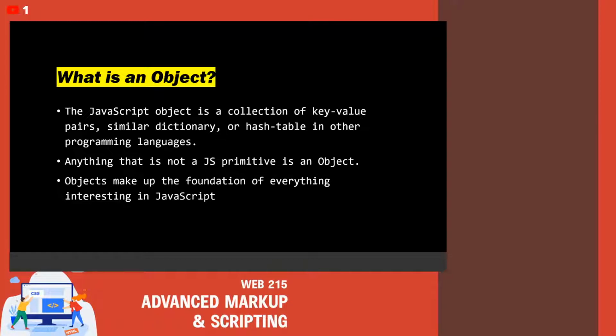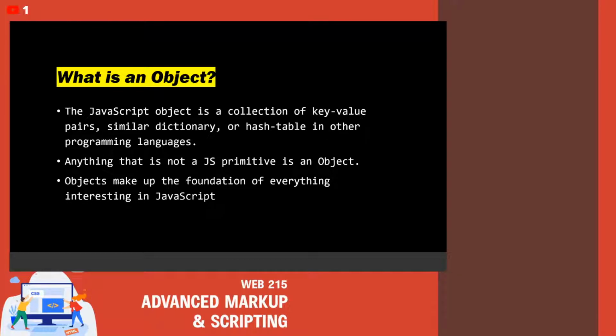What we see is a key value pair situation, similar to a dictionary in Python or a hash table in Java or any other programming language you've worked with, where we have a key that we can reference and a value that we can reference, and then we can go through and access that as such.